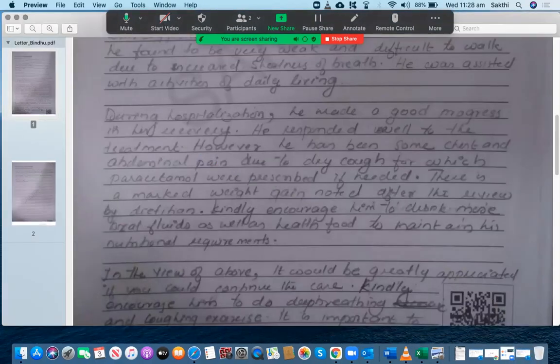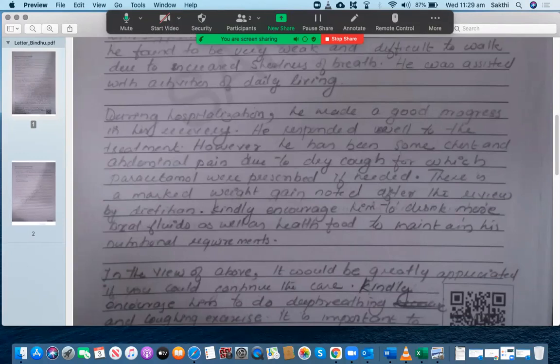However, he has been some chest and abdominal pain due to dry cough. Why did you mention some chest pain under this? Why did you write that in the case note? You can say, instead of writing some chest and abdominal pain, maybe you can use mild.